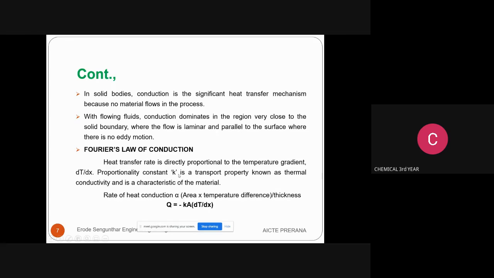In the name itself, thermal conductivity, how the heat is conducting through that particular body, that is your thermal conductivity. Based on the thermal conductivity only, we differentiate materials as conductor, semiconductor and insulator.